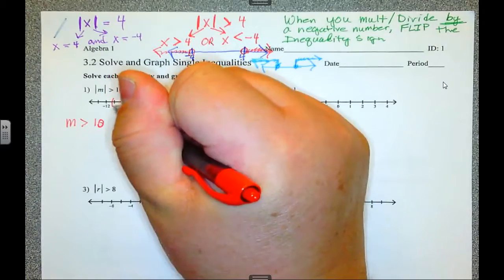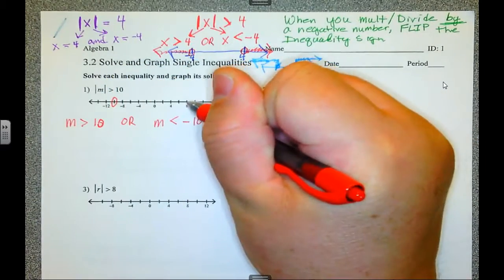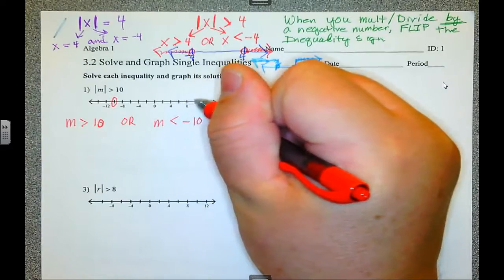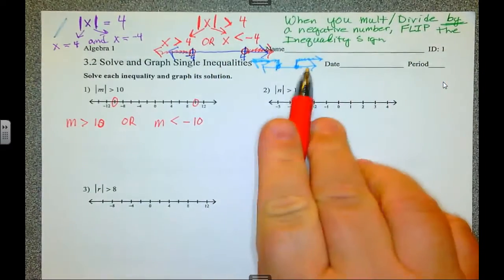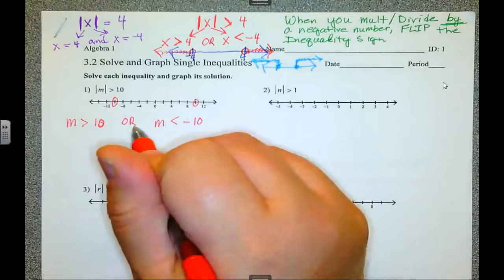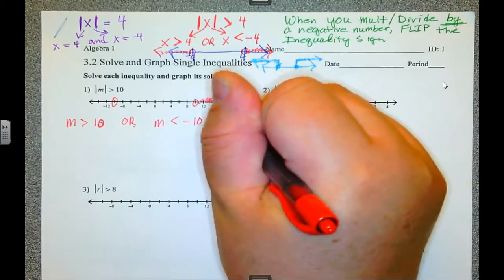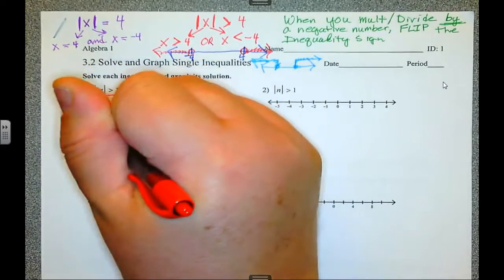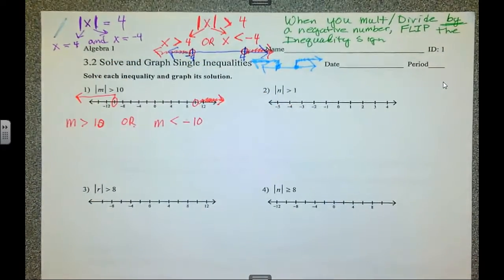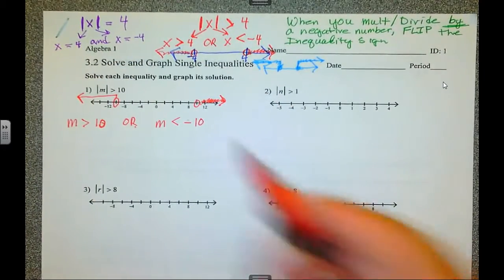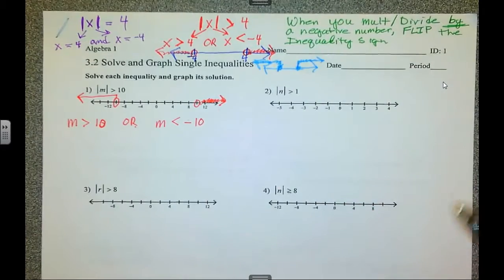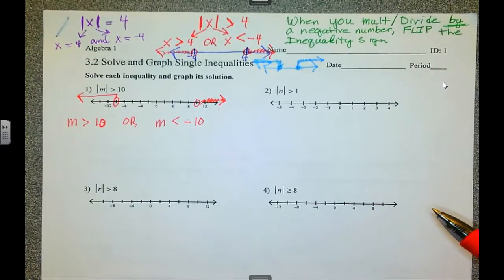So here's negative 10. Here's 4, 6, 8, positive 10. My graphs are going to look like that for ors. Now, you could either shade it like that, or you could put an arrow up like that. I don't care. I used to do arrows, but I don't know why I started shading there. Doesn't matter.